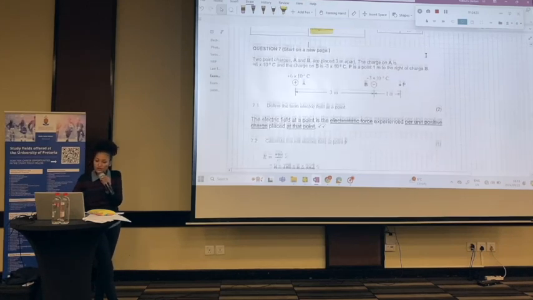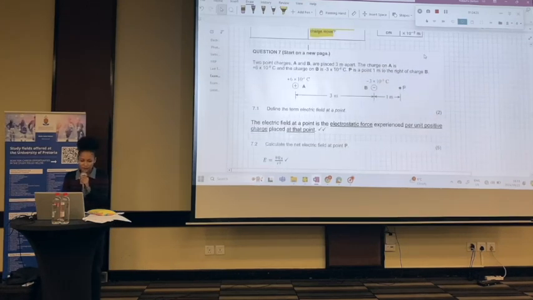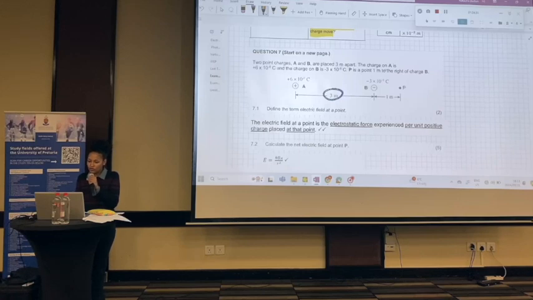So looking at this question that you guys got, it said, two point charges A and B are placed 3 meters apart. The charge on A is positive 6 coulomb and the charge on B is negative 3 times 10 to the negative 6 coulomb.